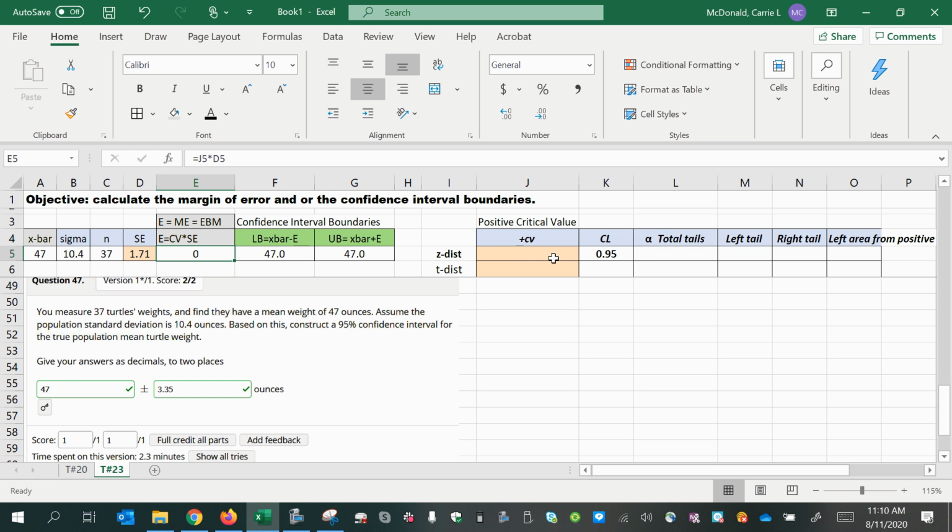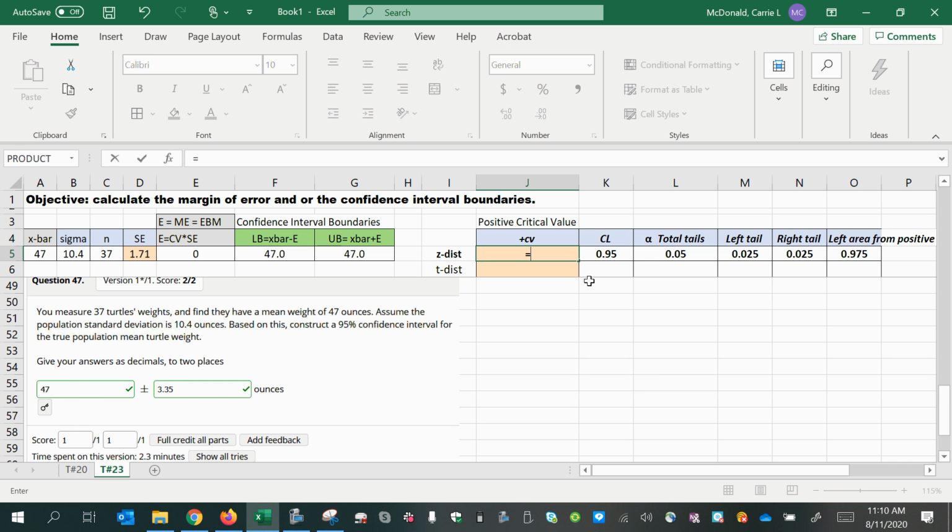Okay, now to calculate the critical value, we need an area. So the total area in both tails is 1 minus the confidence level. The left tail would be half of that. The right tail would also be half of that. And the area from the left all the way from the positive critical value would be 1 minus the right tail.